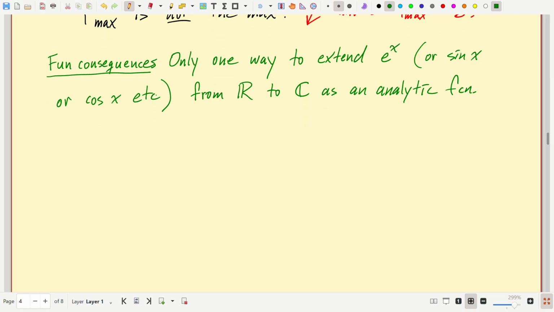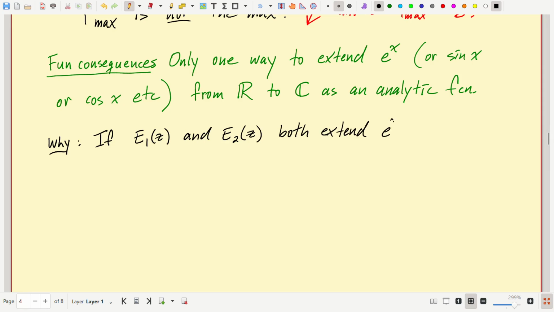The proof: if E1 of z and E2 of z both extend the exponential, then of course E1 minus E2 is an entire function that vanishes along the real line.